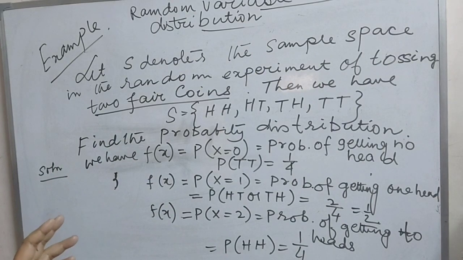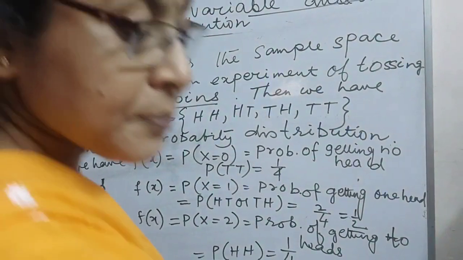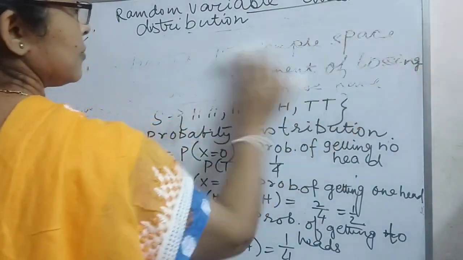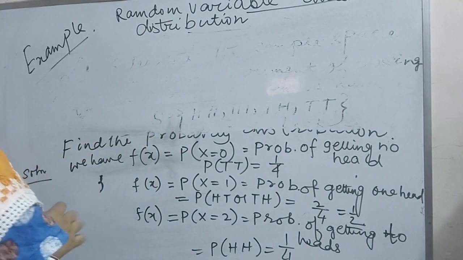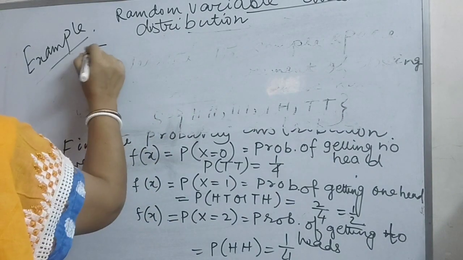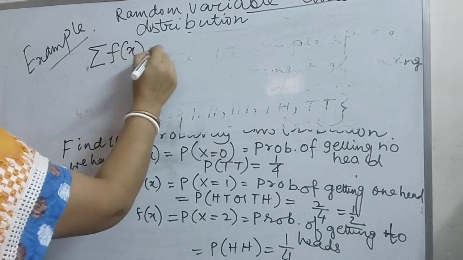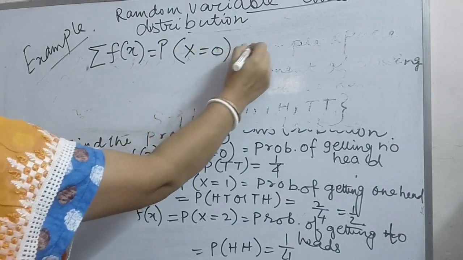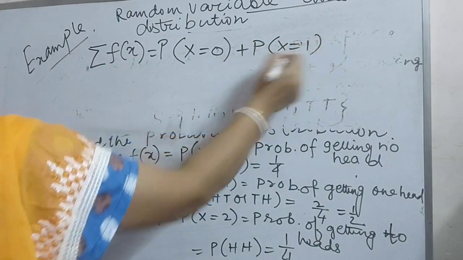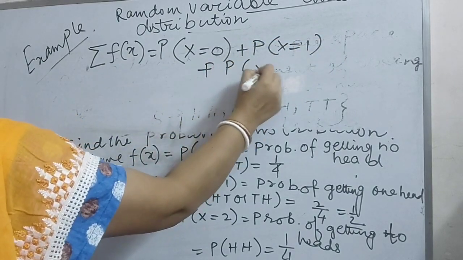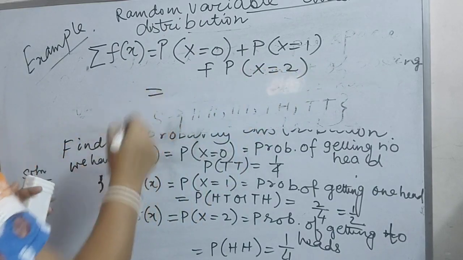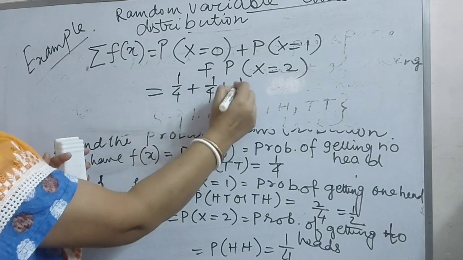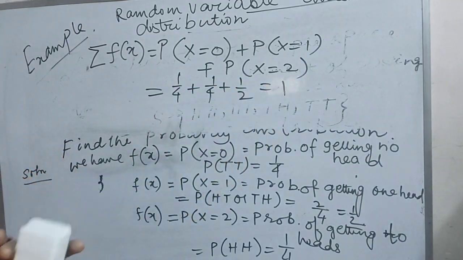Now I am seeing the summation of f(x), that is probability X equal to 0 plus probability X equal to 1 plus probability X equal to 2 equal to 1 by 4 plus 1 by 2 plus 1 by 4, that is equal to 1.